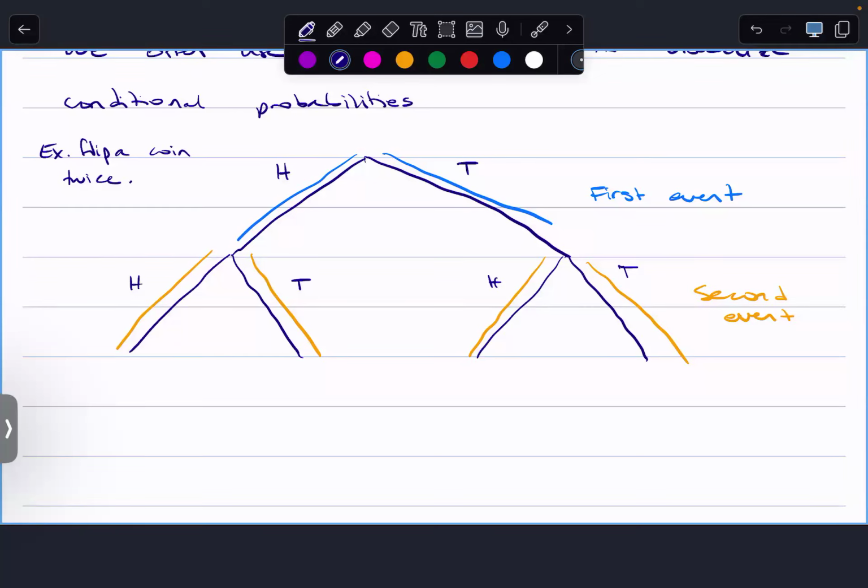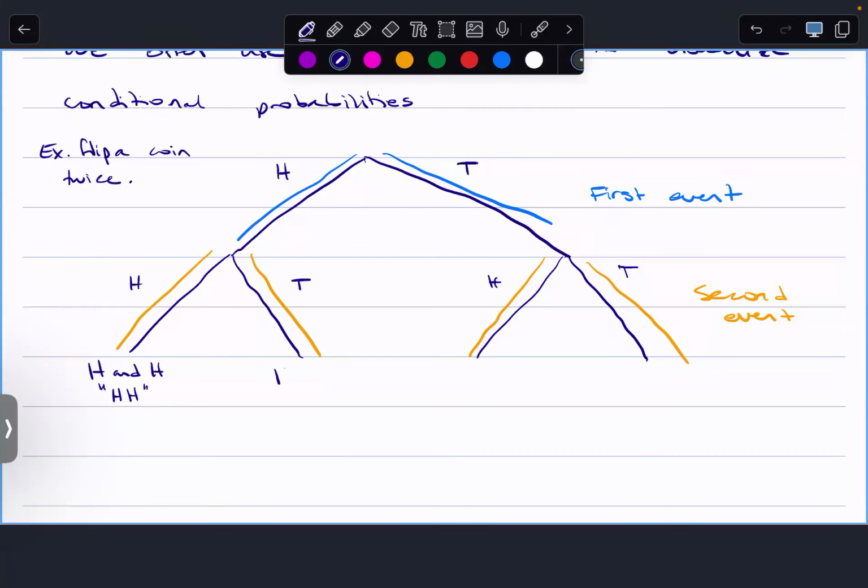Now, usually at the bottom, I like to summarize the events that happened. So at the bottom of this branch, I flipped heads and I flipped heads. I'm just going to shorthand this: H and H, but I just write it as HH.